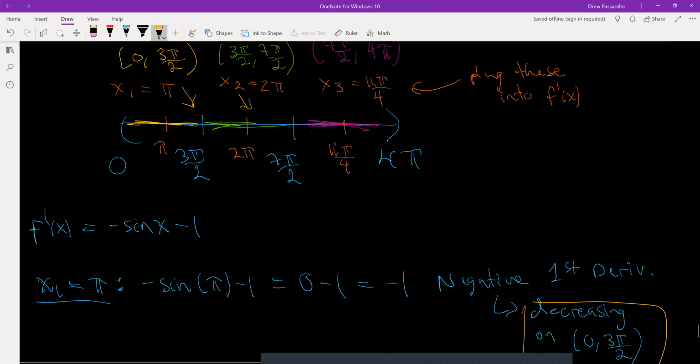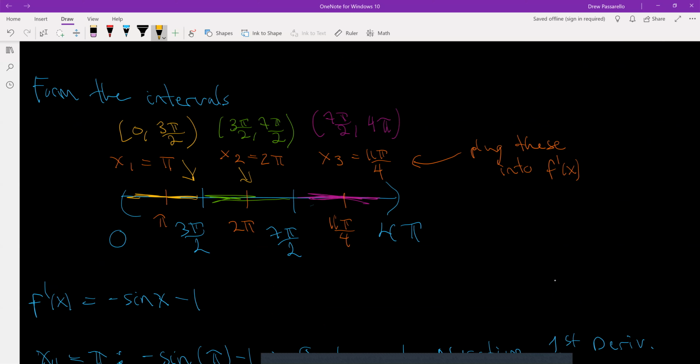All right, so it's decreasing on all the intervals. So since it doesn't switch from increasing to decreasing or vice versa, none of the critical numbers are relative min or relative max. So that's an important distinction.